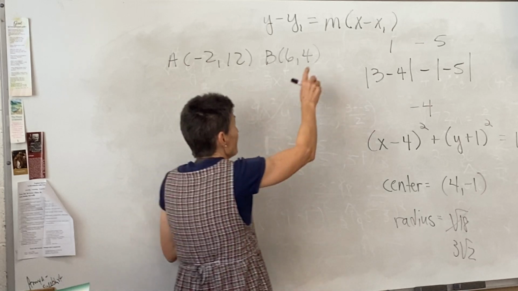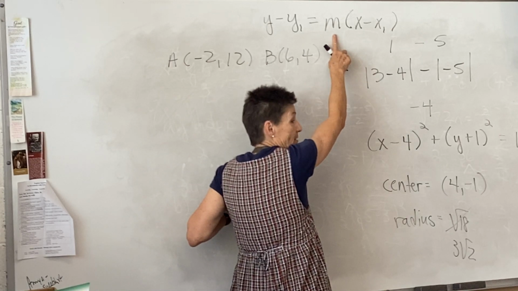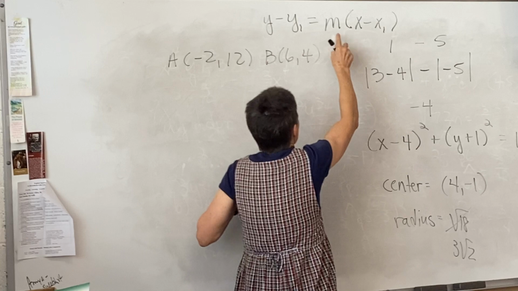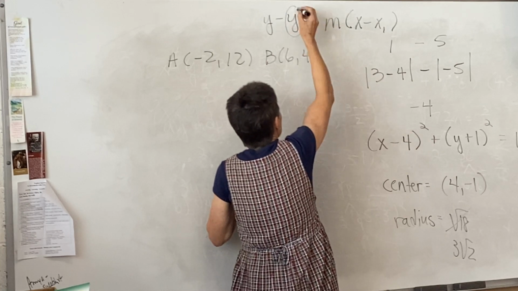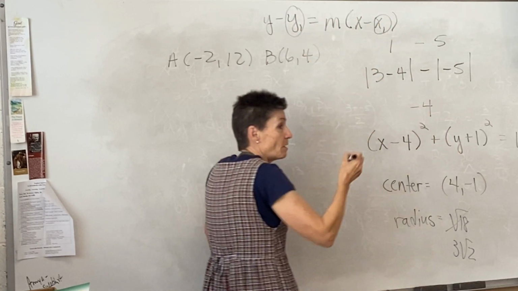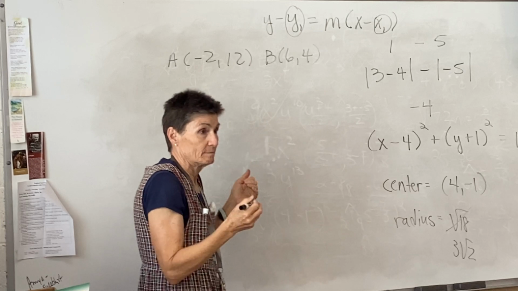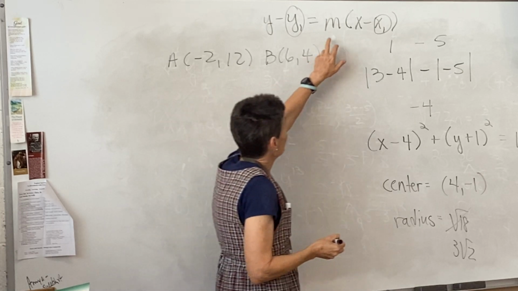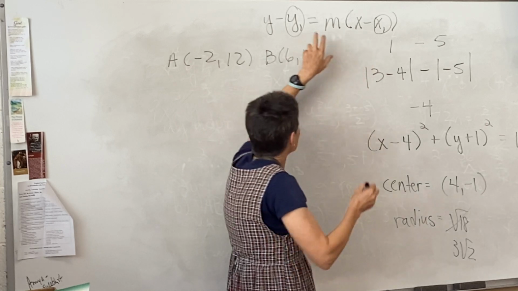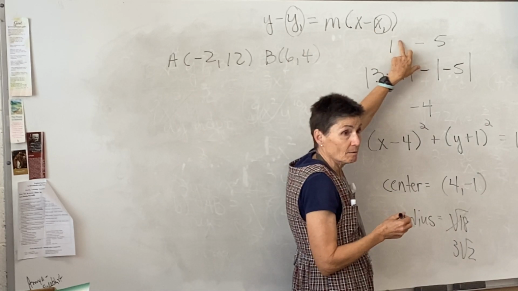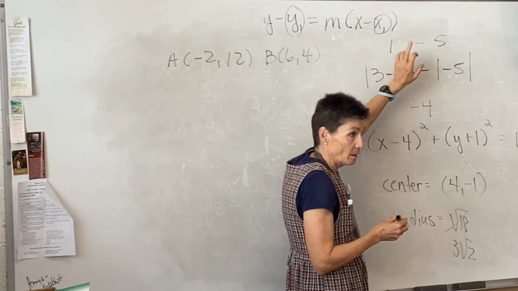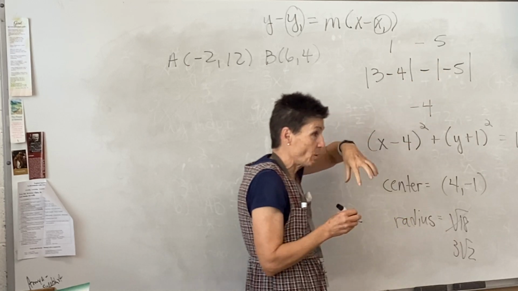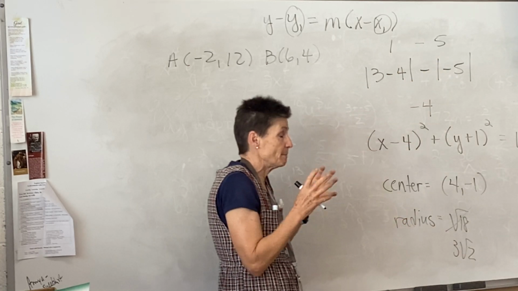And m is, of course, the slope. And the x1 and y1 are your point. Okay, this is called point slope because you're gonna plug in a slope and you're gonna plug in a point. So the x1, y1 are your point, and this is your slope.